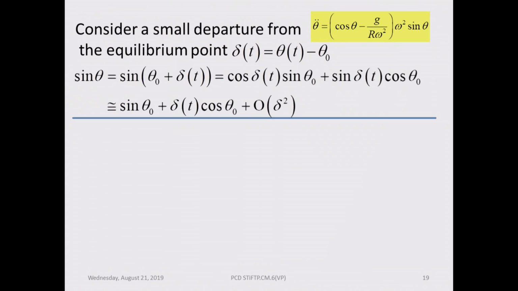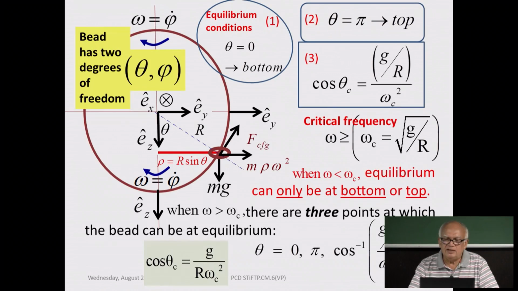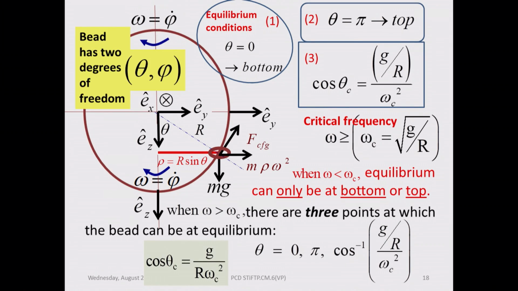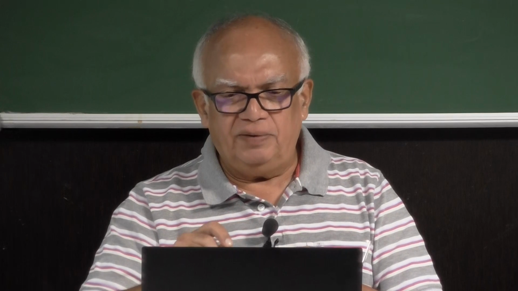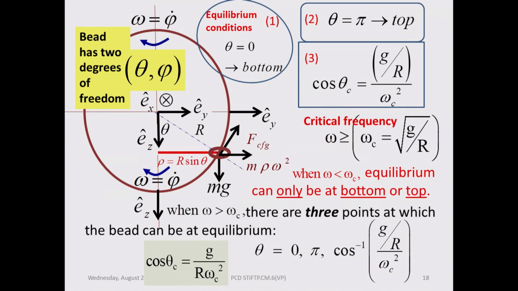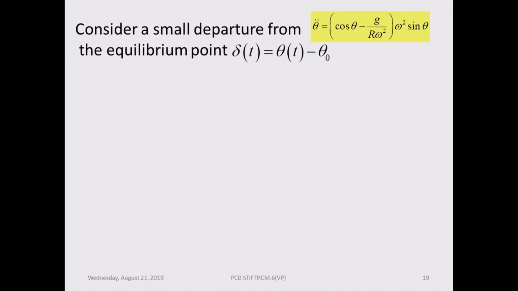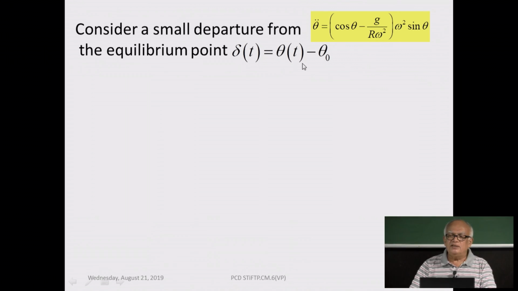So, let us examine the nature of the equilibrium, and to do that we consider a point which is slightly away from the equilibrium point. So, if the bead is at equilibrium at an angle theta, let us ask what will happen at a neighboring point which is slightly different from theta. So, that neighboring point is this equilibrium point theta 0 plus delta, the difference between this neighboring point at the time t and the equilibrium point.